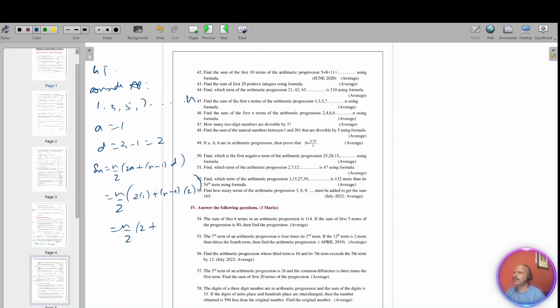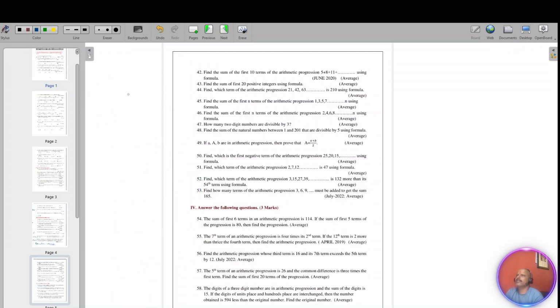N by 2, 2 plus 2N minus 2 cancels. N by 2 of 2N, 2 cancels, N square. Remember, it's an easy question, and it's there in the textbook as well. I just recapped it. 45th is done.